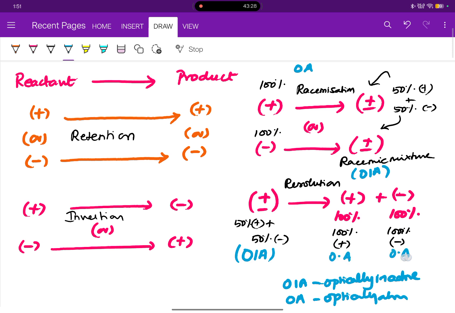Sir, that 50% plus and minus, what happens? 50% plus will rotate the light towards the right hand side.